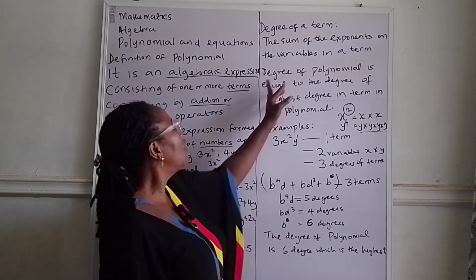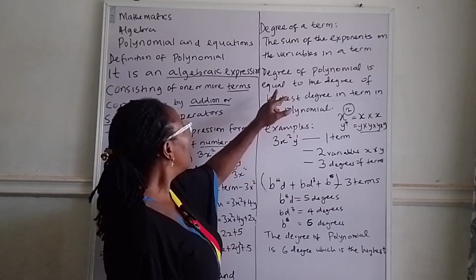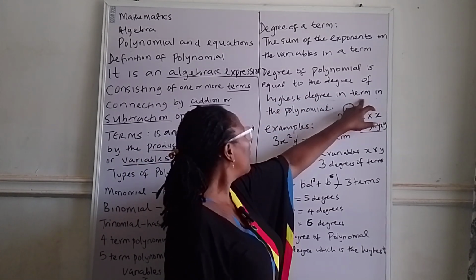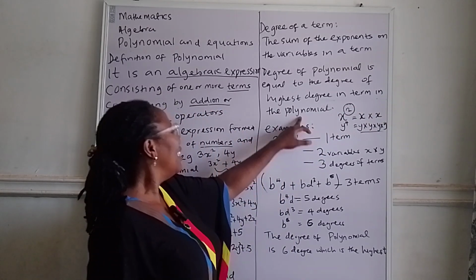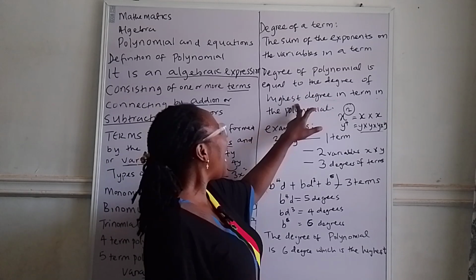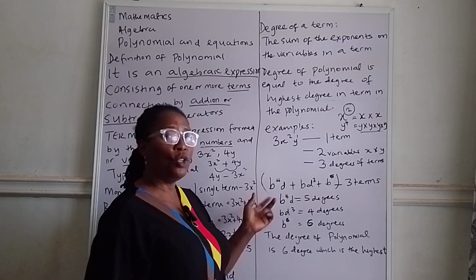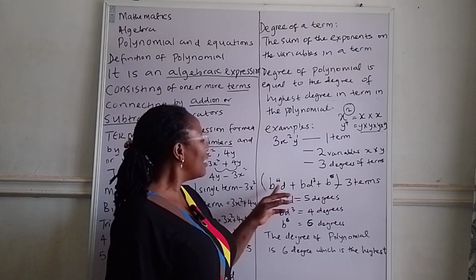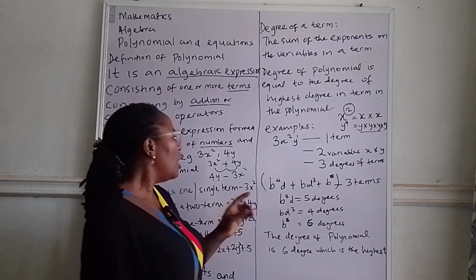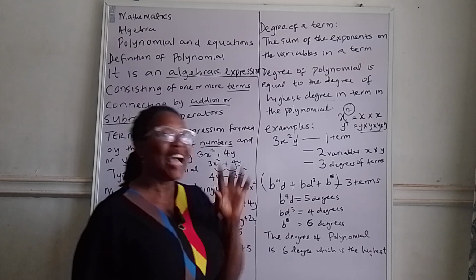Now, moving to the degree of a polynomial. The degree of a polynomial is equal to the highest degree of any term in the polynomial. So when you have an equation, to determine the degree of the polynomial, you check the degree of each term and you pick the highest.